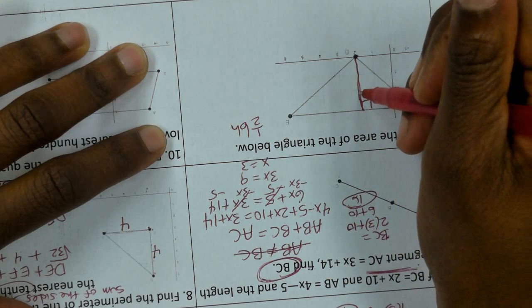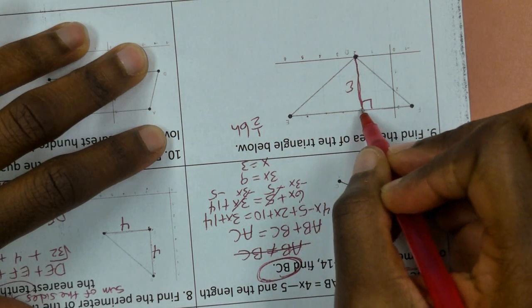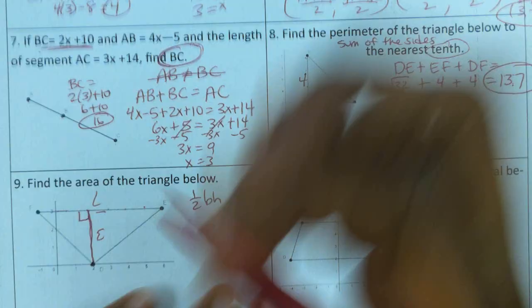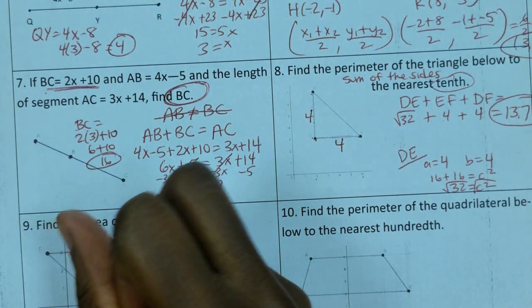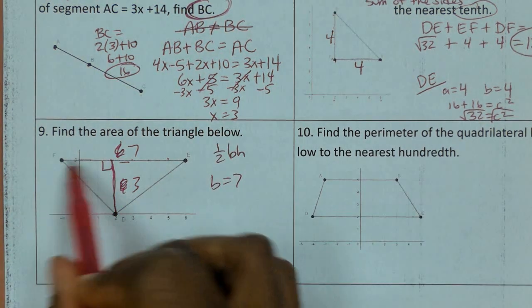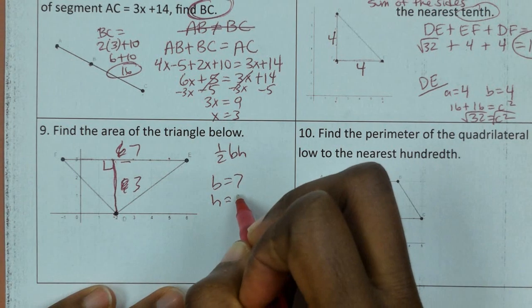So this is 3 units. This is 1, 2, 3, 4, 5, 6, 7 units. So my base and height are 7 and 3. My base would be 7 because that's the flat side, and then the height from that flat side to the top point is 3.